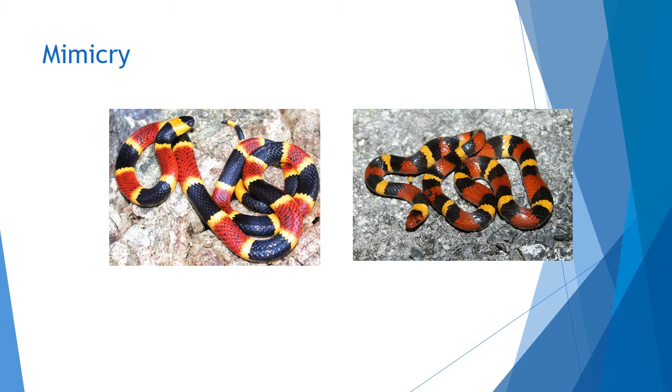So they learn to stay away from those reddish yellow things, slithering things down there on the ground. And so that's one way that that organism protects itself, by mimicry.